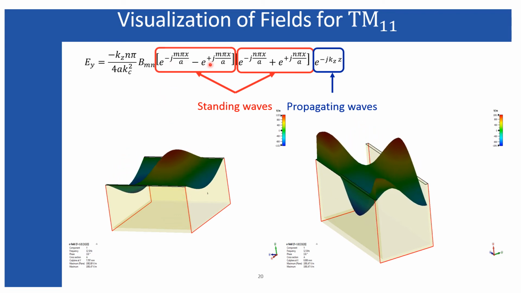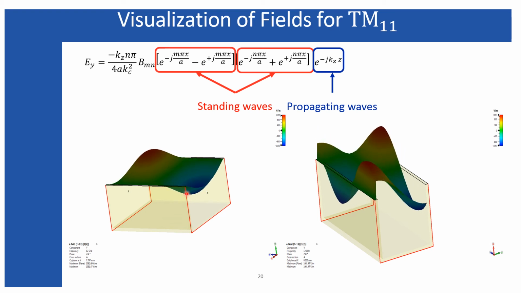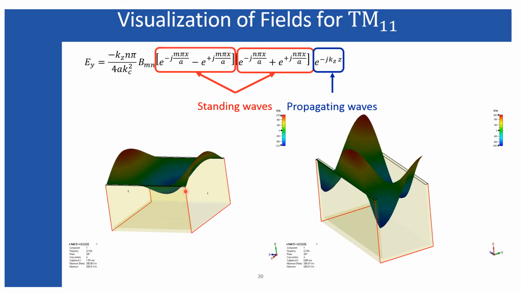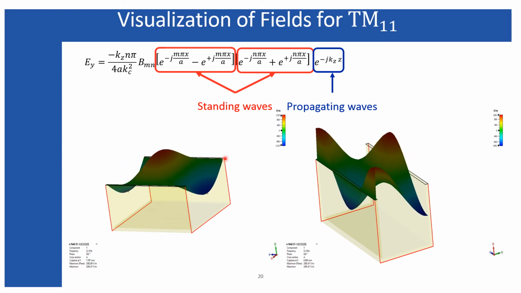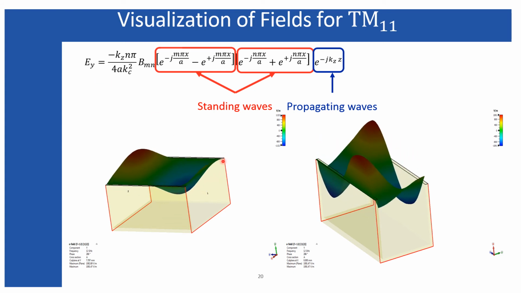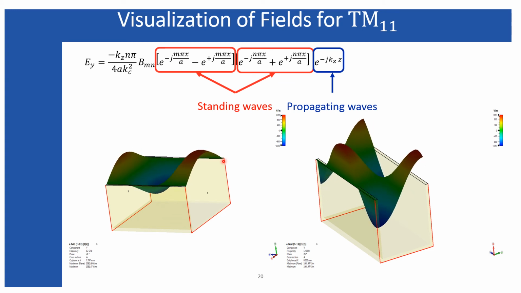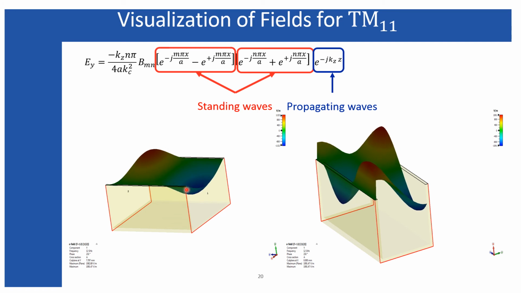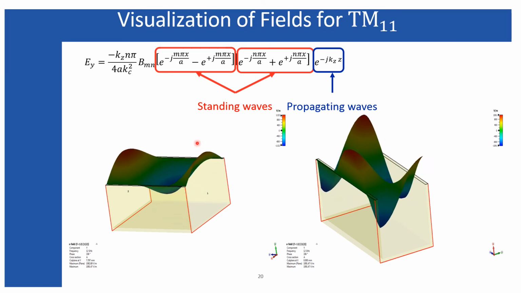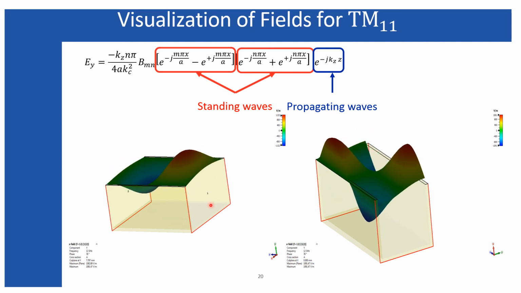Because at x equals 0 this part is equal to 0, there is a node formed and it is not varying. Similarly at x equals a, since EY must be 0, another node is formed at x equals a. So in between the two nodes it is oscillating, and it is oscillating along the y direction.